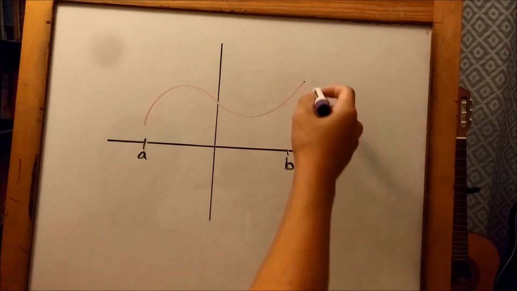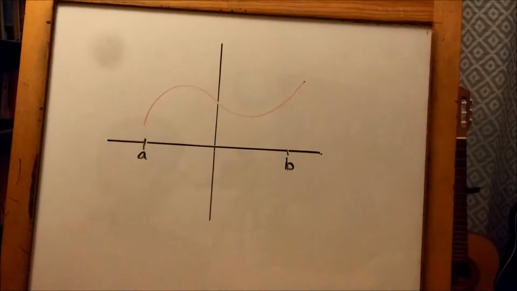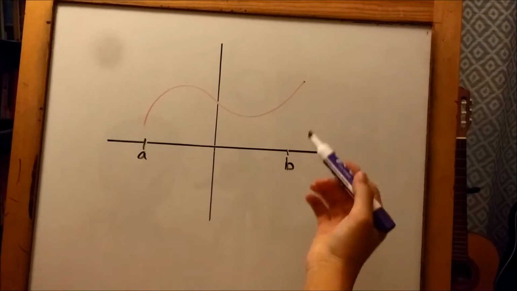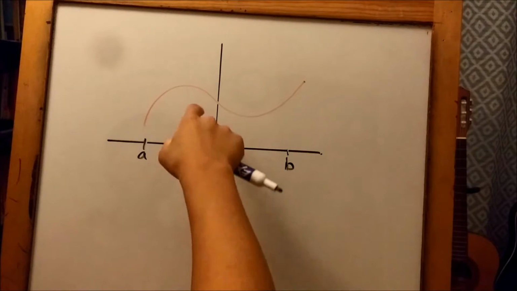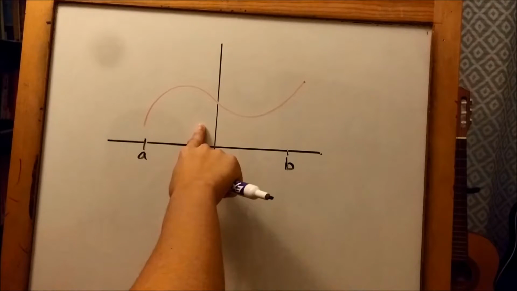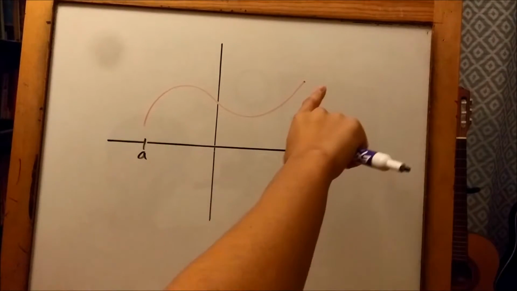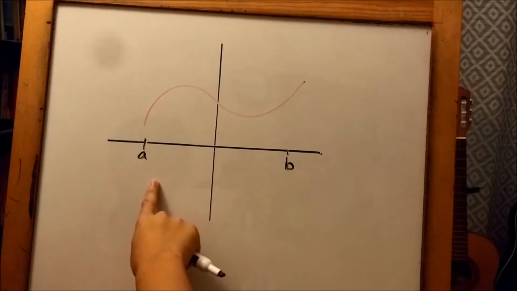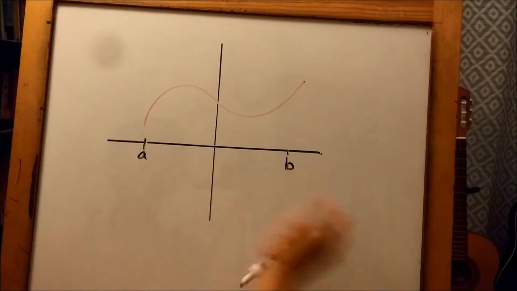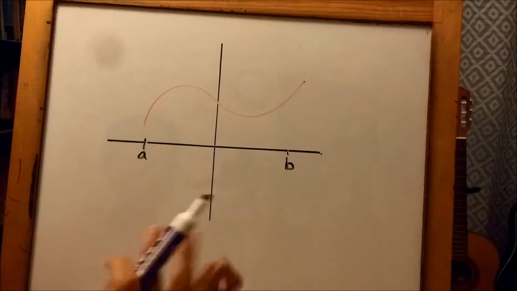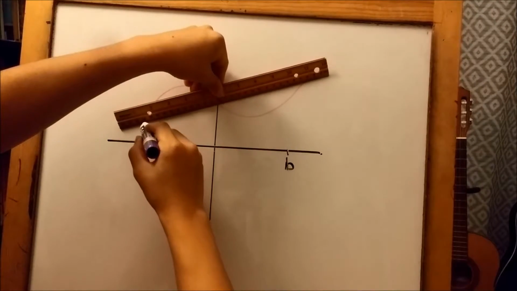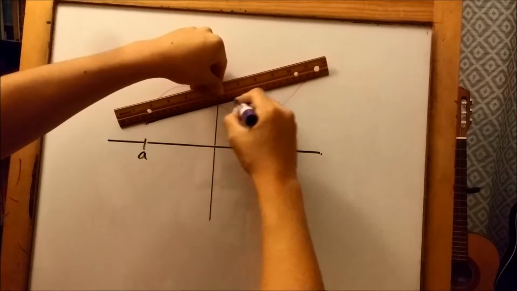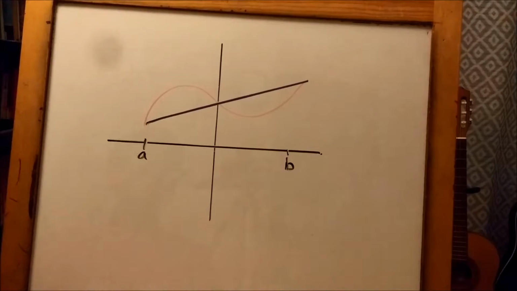If we have our function here from point A to point B, there must be some number c in between A and B such that the derivative at c is equal to the average slope of the function defined on [a, b]. So if we draw the average slope from this point to this point, that's our average slope.